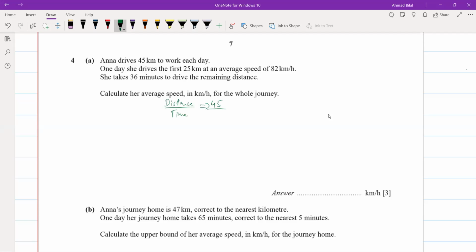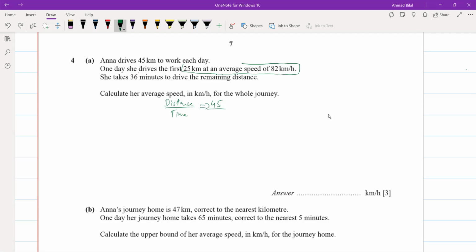अब time कितना है total? Let's look at that. So one day she drives the first 25 kilometers at an average speed of 82 kilometers per hour. Okay. अब first 25 kilometers उसने इस स्पीड पर ट्रैवल किया और बाकी जो है उसने 36 मिनट्स में ट्रैवल किया. ओके, हमें सेकंड पार्ट ऑफ जर्नी का टाइम तो पता है, लेकिन हमें पहले पार्ट का टाइम नहीं पता.